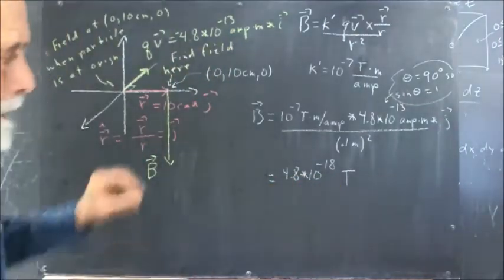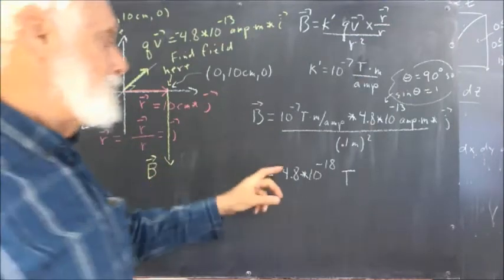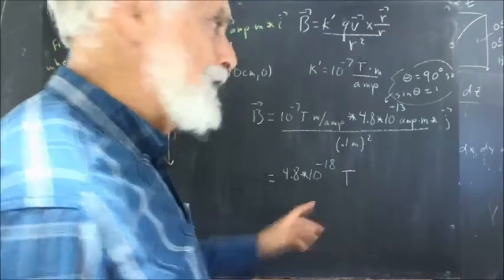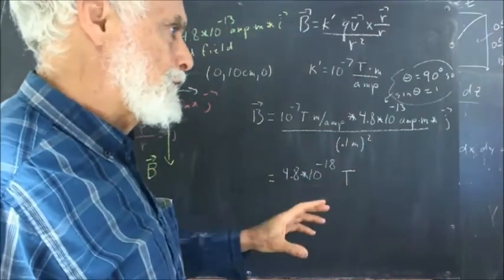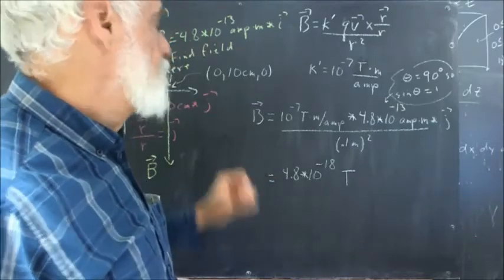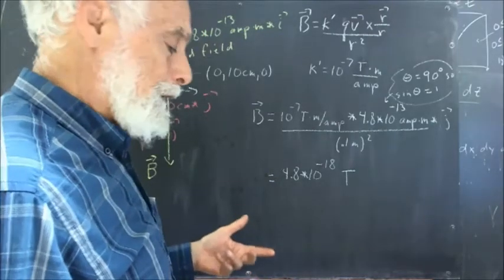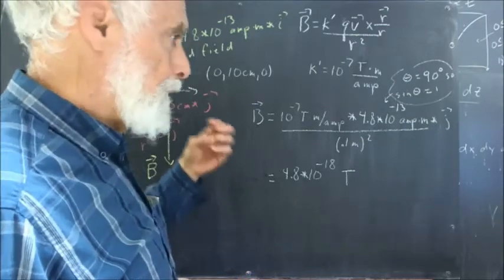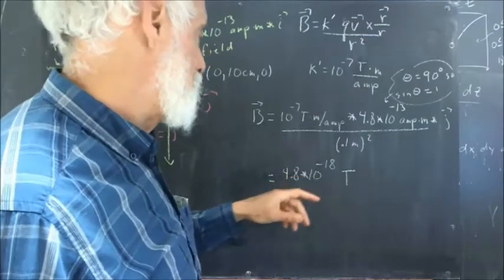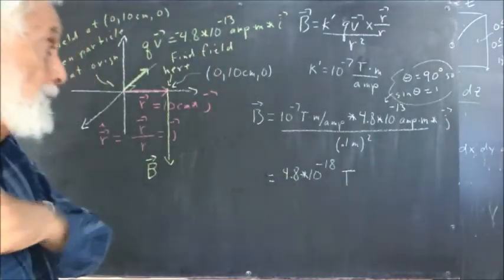So as we get down toward atomic scales, we start getting a very strong magnetic field. A Tesla, incidentally, is quite a strong magnetic field. To produce a force of 1 Newton on a 1 Coulomb charge moving at only 1 meter per second takes quite a strong magnetic field. So keep that in perspective.